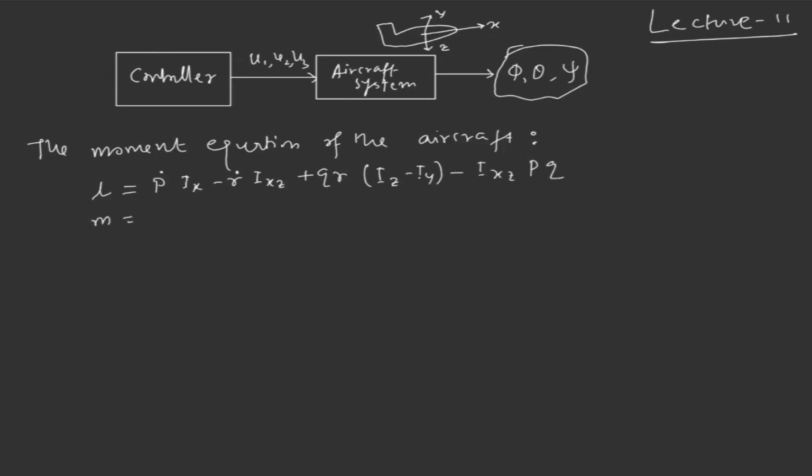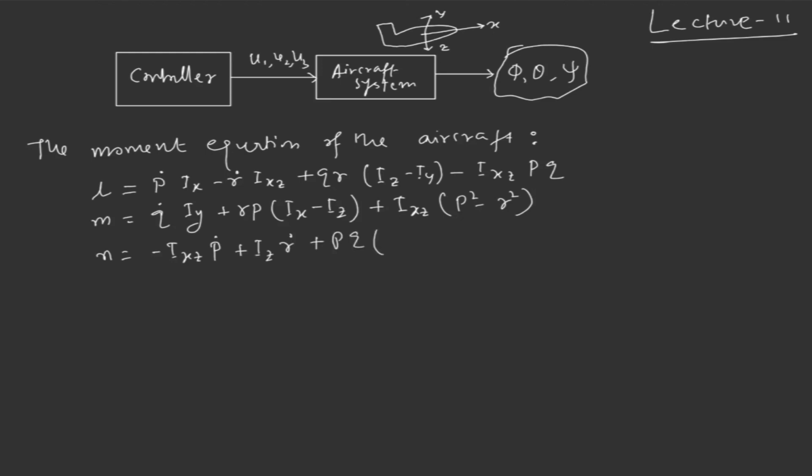And L is the total moment acting on the x-axis, and M is the total moment acting along the y-axis, and q dot Iy plus rp (Ix minus Iz) plus Ixz (p square minus r square), and N is the total moment acting along the z-axis: Ixz p dot plus Iz r dot plus pq (Iy minus Ix) plus Ixz qr.